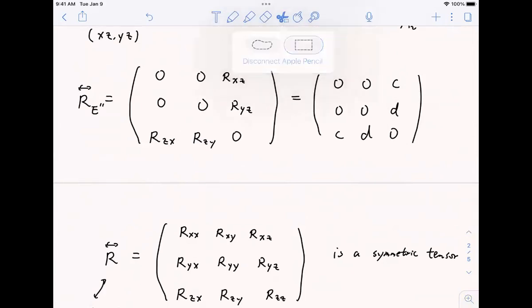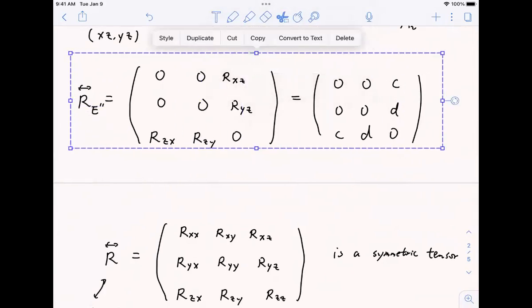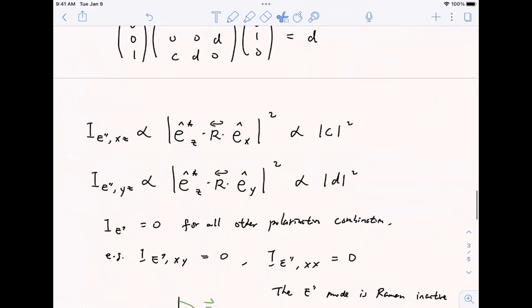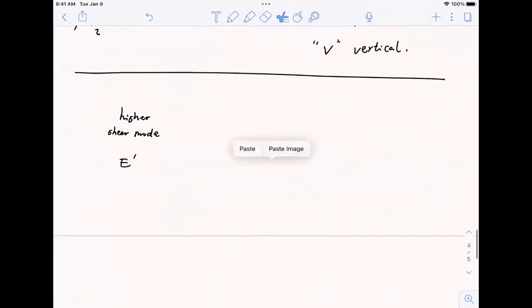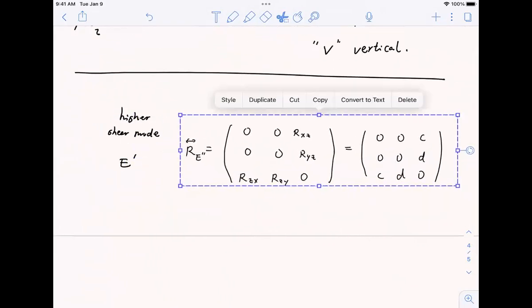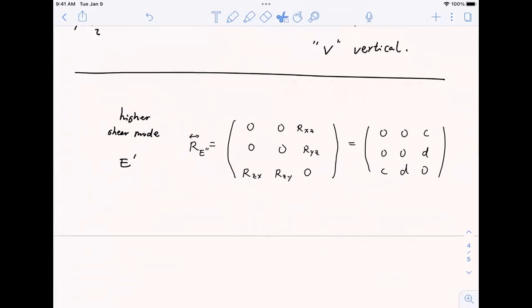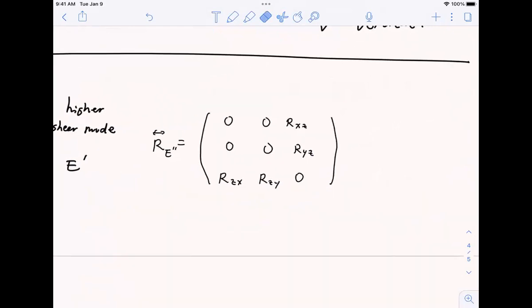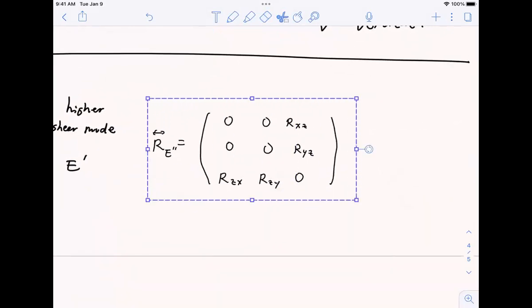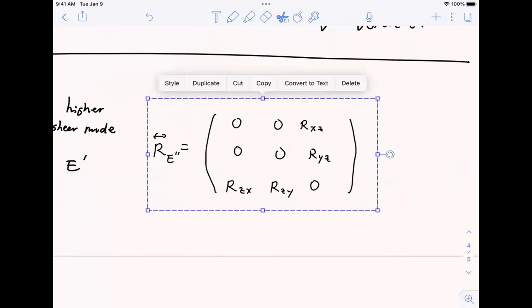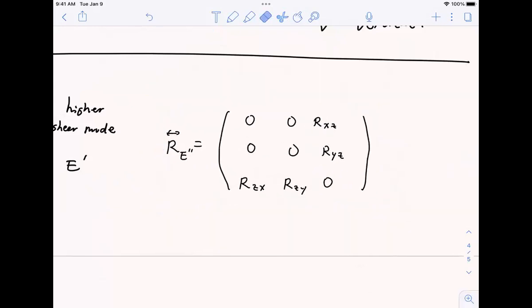Okay, we just copy it like this. So this will be E prime.